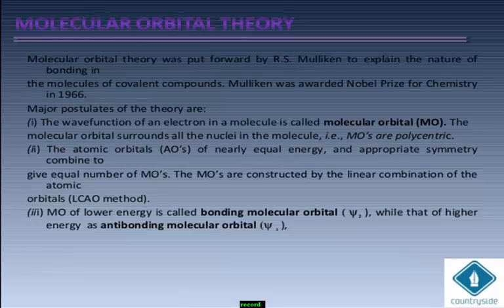Bonding molecular orbitals are represented by sigma or pi, and anti-bonding molecular orbitals are represented by sigma star and pi star. Each molecular orbital is filled with a maximum of 2 electrons with opposite spin. Yes, these are some postulates. Please go through your notes and observe all the points, because this molecular orbital theory is very important for your future.